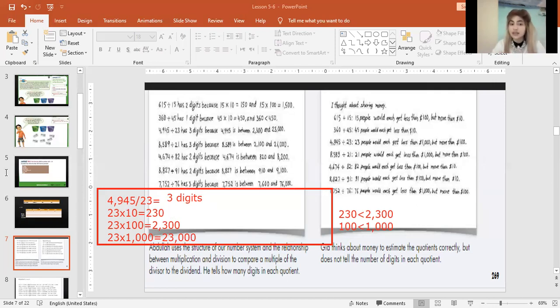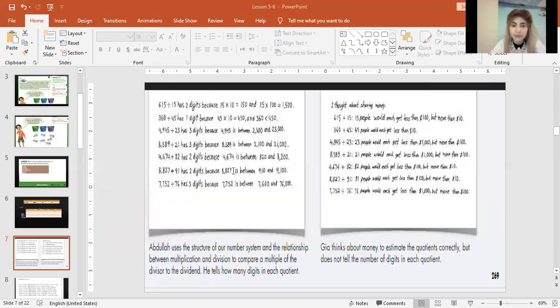And if it is 3 digits, it is in the hundreds place, because that number will be like 230, 350, and any number in the hundreds. Okay, so let's take another example.